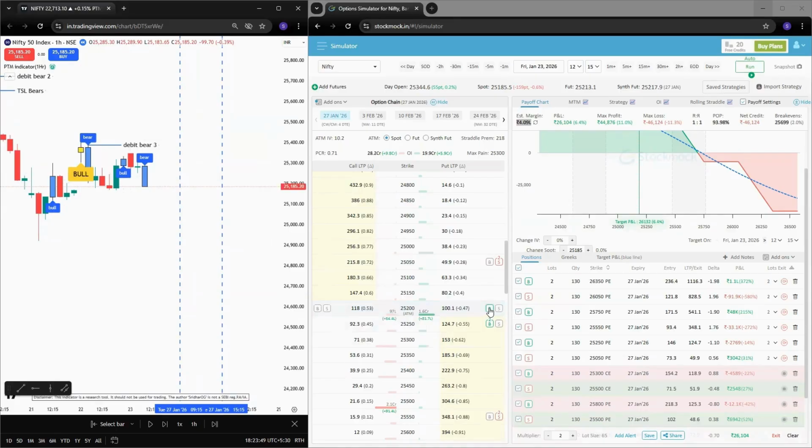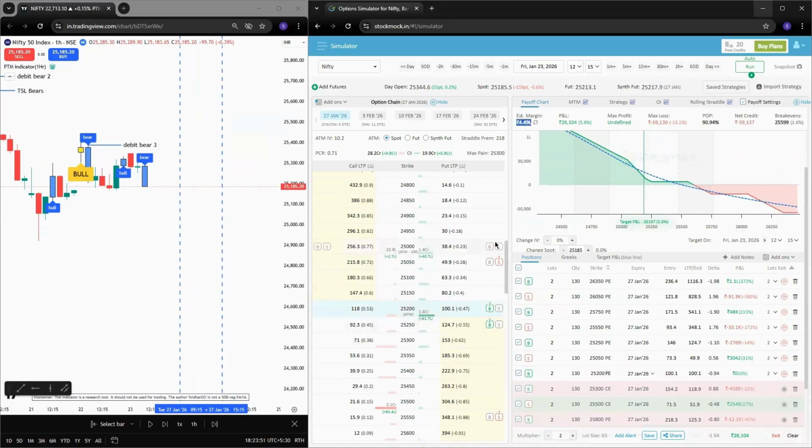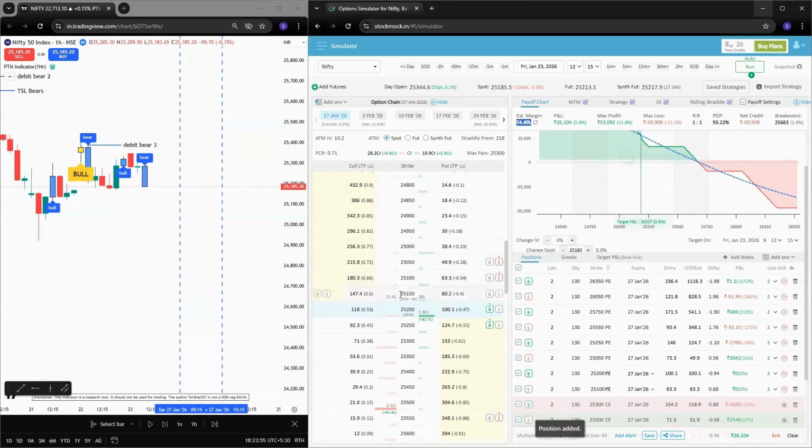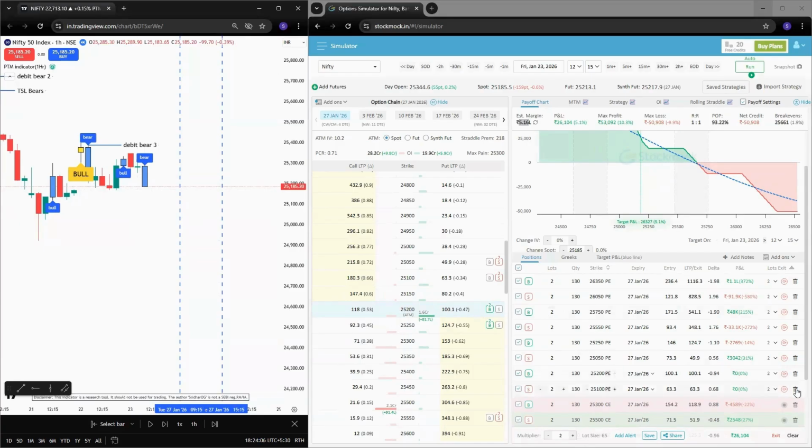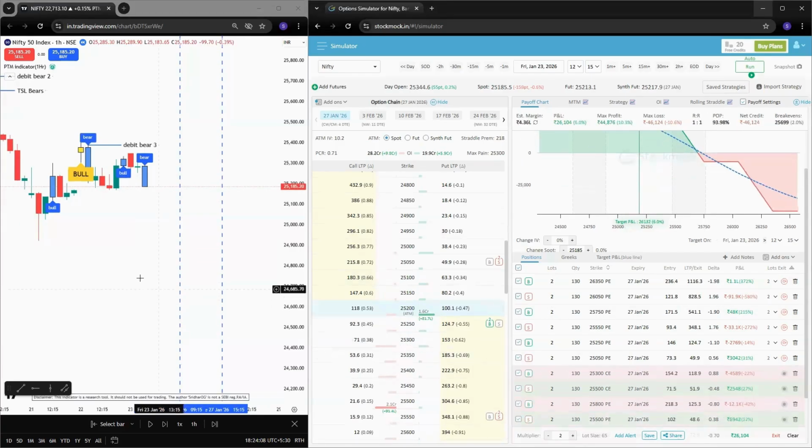But because of capital issues, I cannot create a new strategy here. You see, my capital is exceeding 5 lakhs. If I take this entry, my capital exceeds 5 lakhs. I cannot create the entry here.